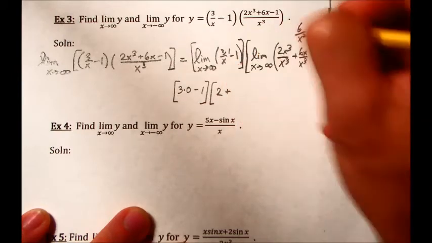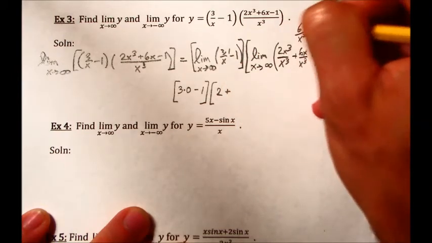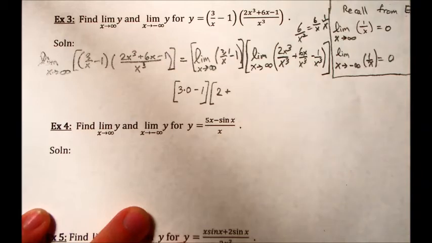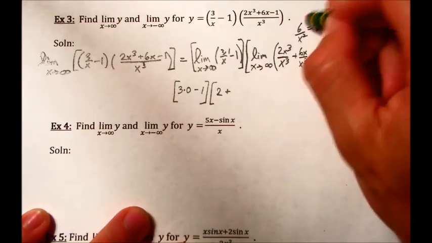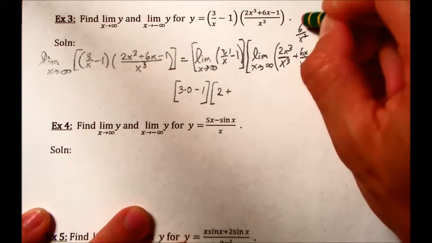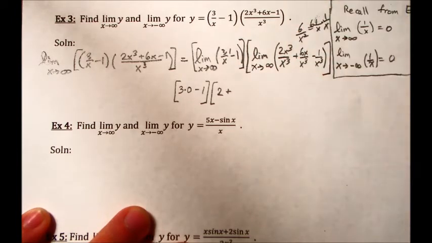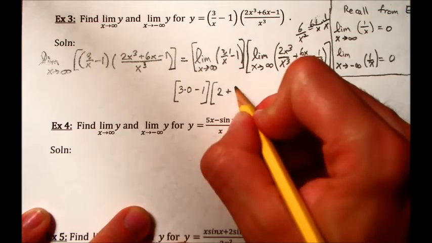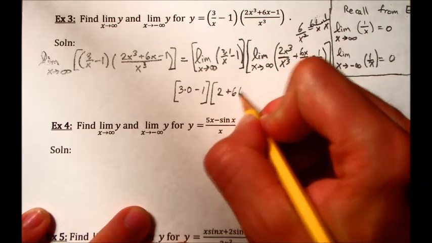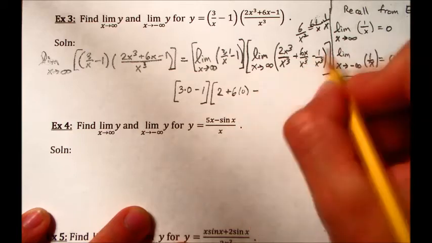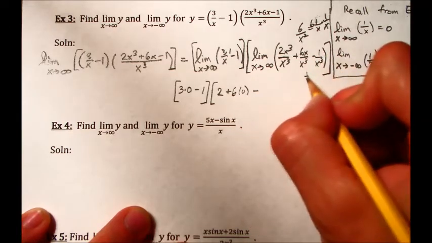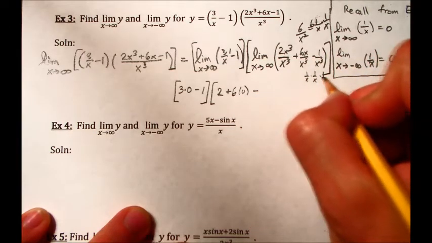So this is 6 over x times 1 over x, both of which reduce to 0. The best way to think of it here would be 6 times 1 over x times 1 over x. So that's basically 6 times 0 times 0. And this is 1 over x times 1 over x times 1 over x, all of which are 0.